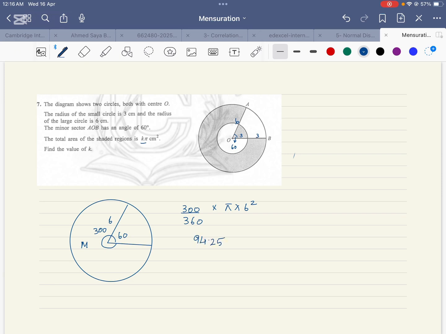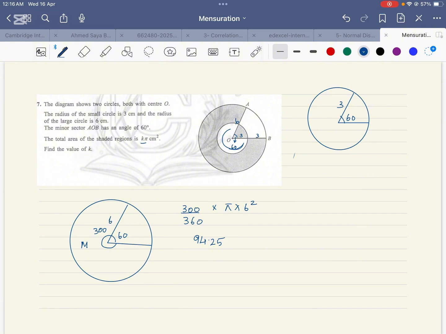Now let's talk about the area of the shaded region. This area needs to be subtracted. Then we have the area of angle 300 from the small one. We again have the angle 60 but the radius this time is going to be 3.